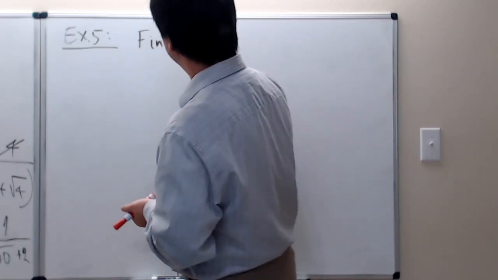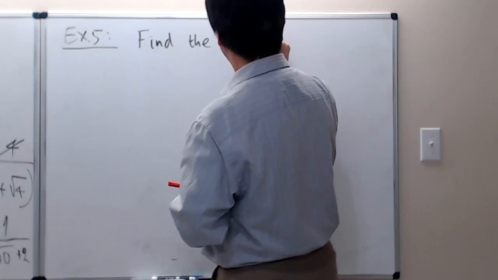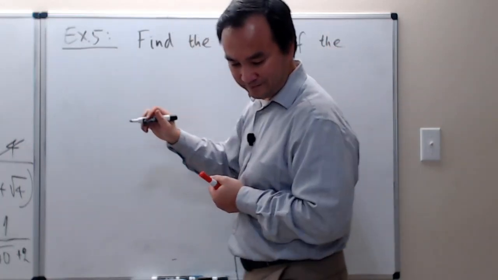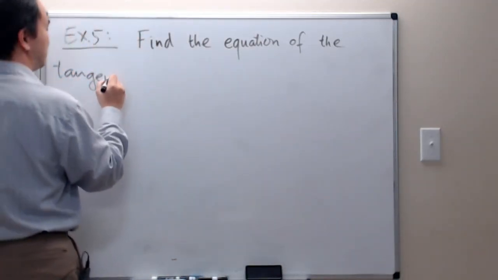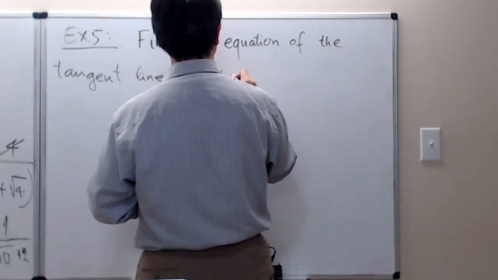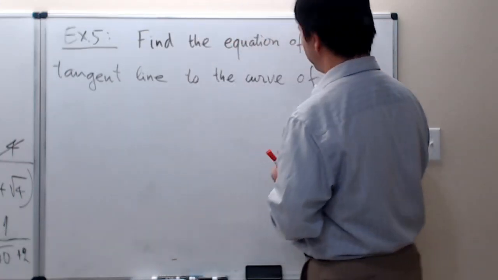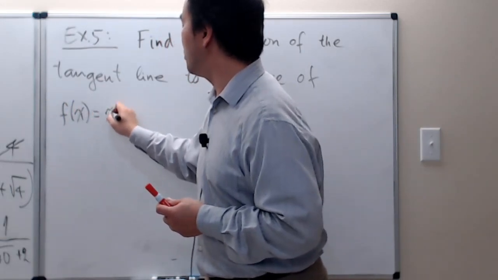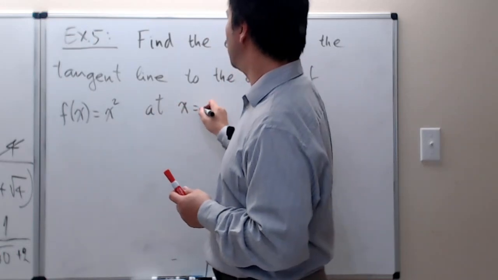Let's find the equation of the tangent line. Find the equation of the tangent line to the curve of our function here, f of x equals x squared, at x equals 1.